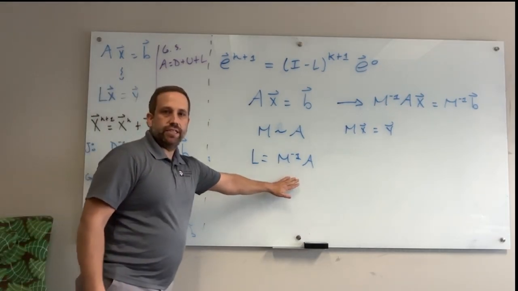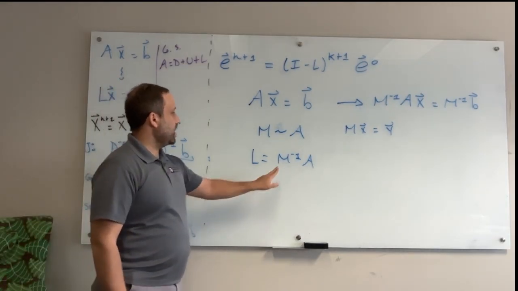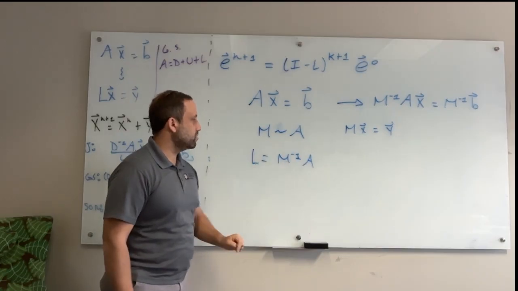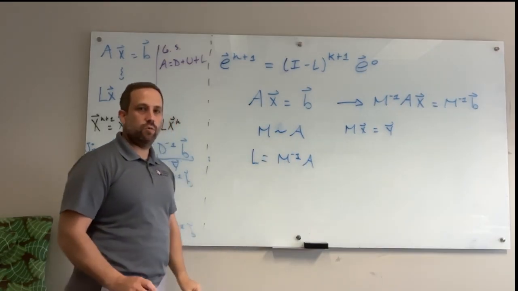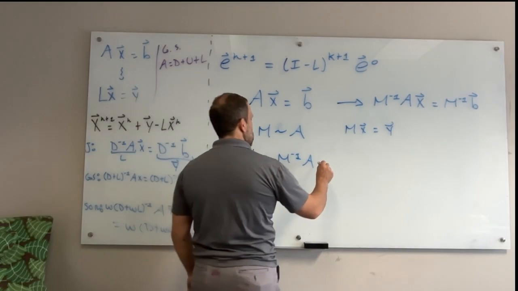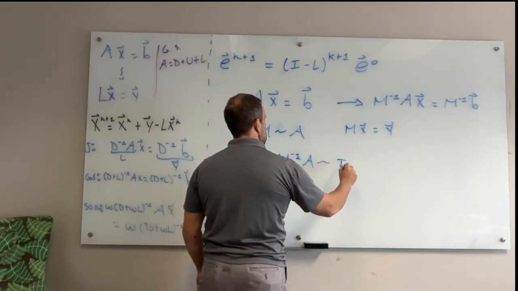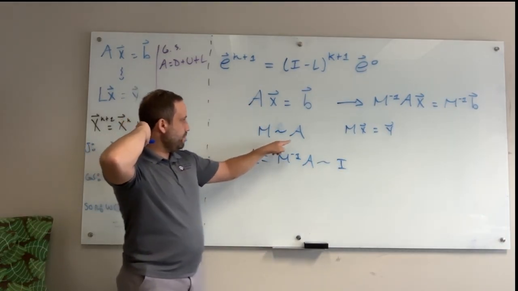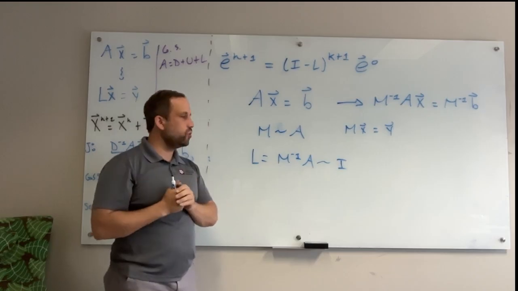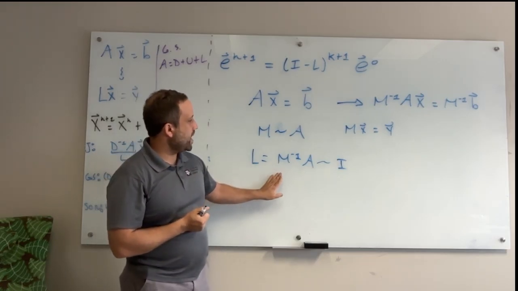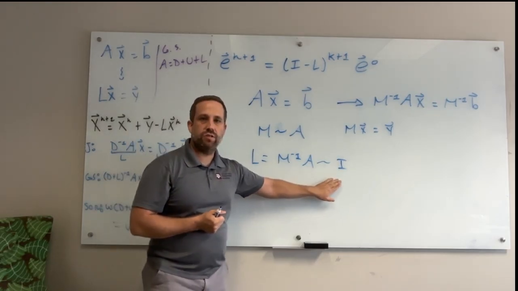If we precondition and we get some system like this, and M is approximately equal to A, then M inverse A is approximately equal to the identity matrix.